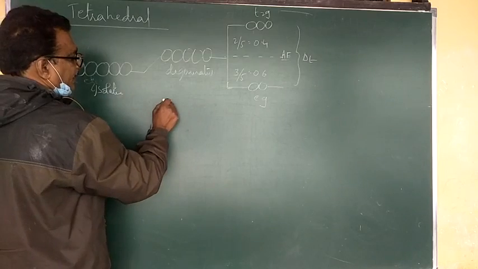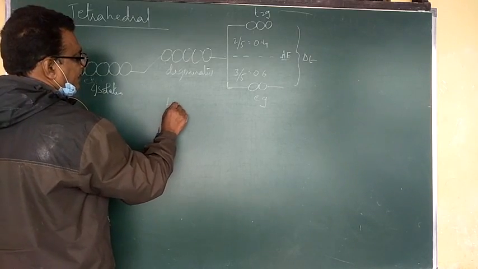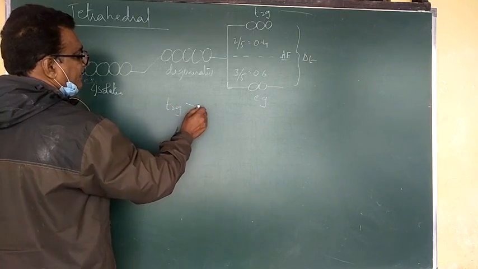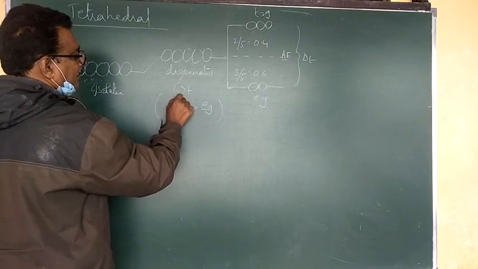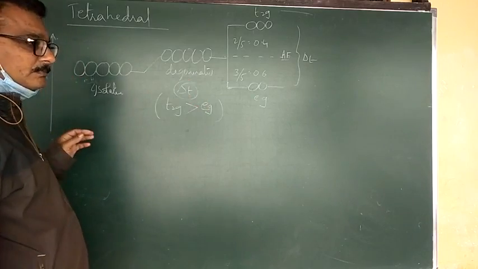This is very important: T2g has greater energy than Eg for tetrahedral complexes.